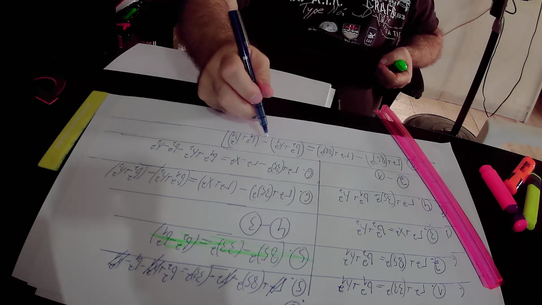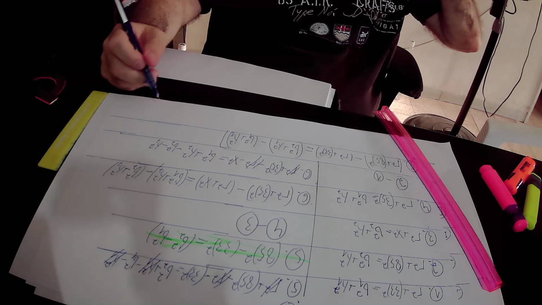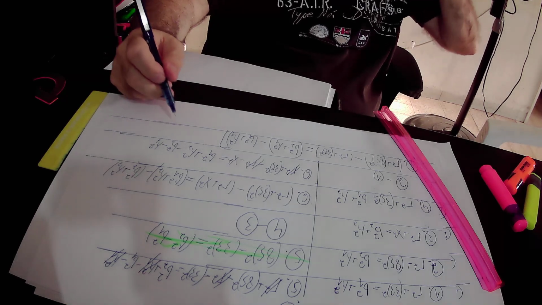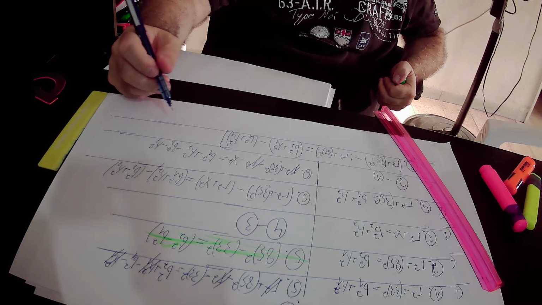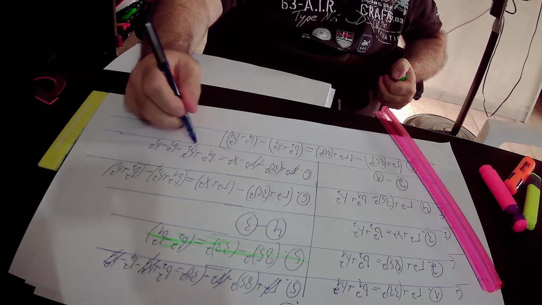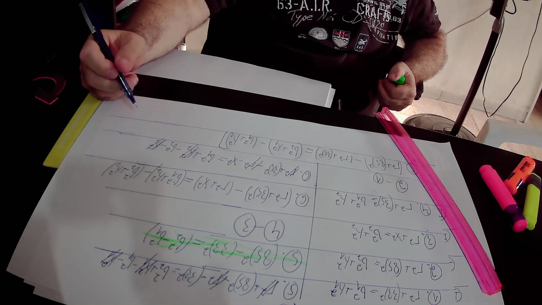R squared minus r squared is 0, so r squared will get cancelled. Here h2 squared minus h2 squared is 0, so h2 squared will also get cancelled.